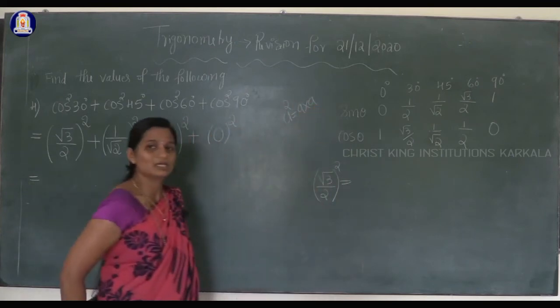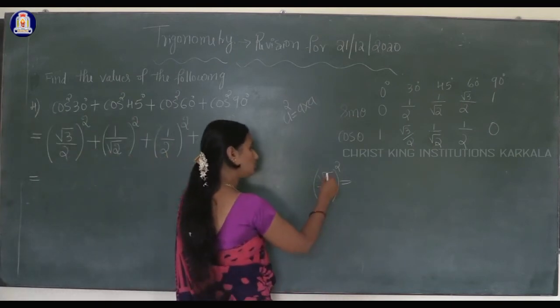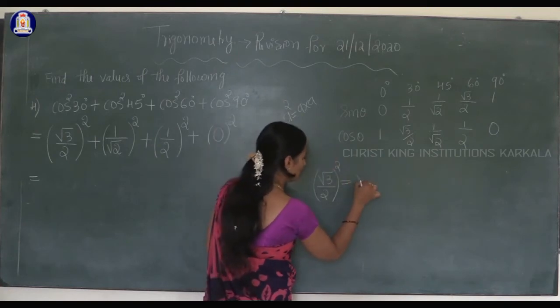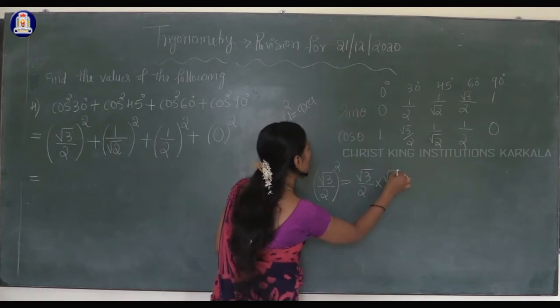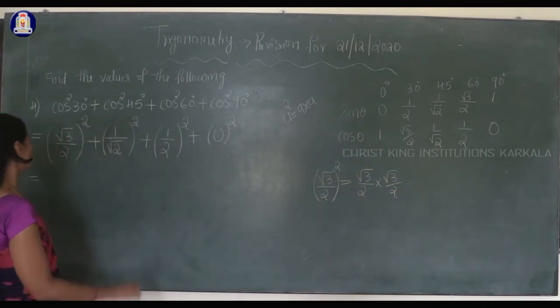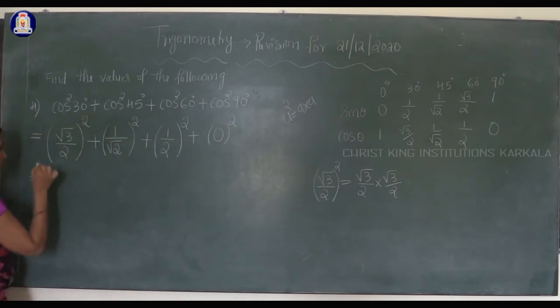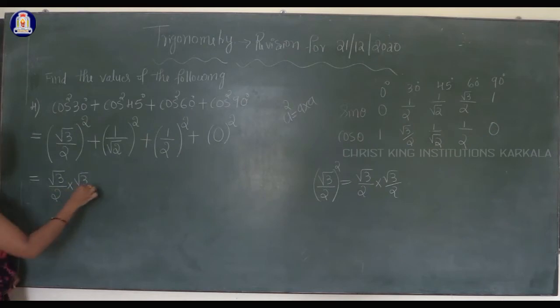Already you know, right? So root 3 by 2 whole square can be written as root 3 divided by 2 into root 3 divided by 2, plus. Otherwise, instead of writing directly, you can write the answer also.